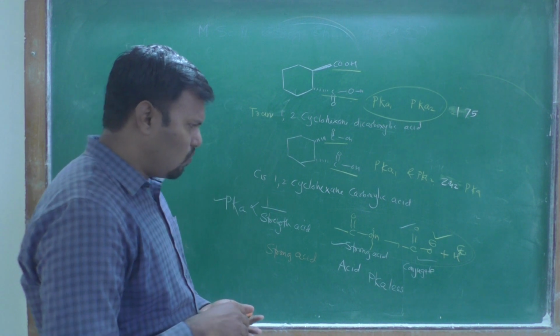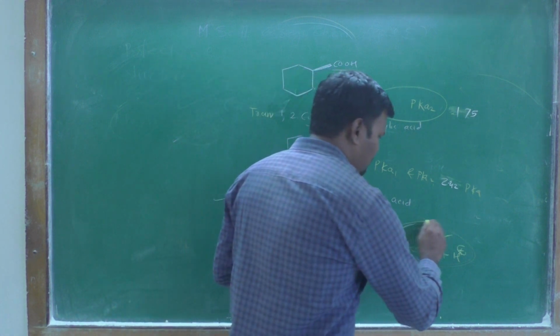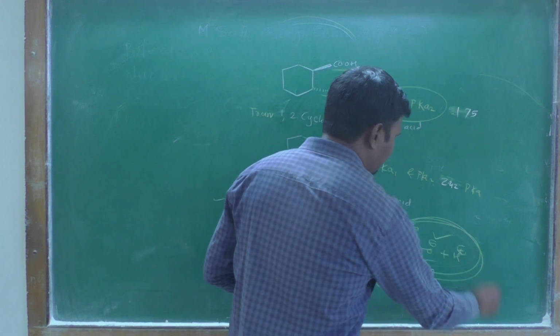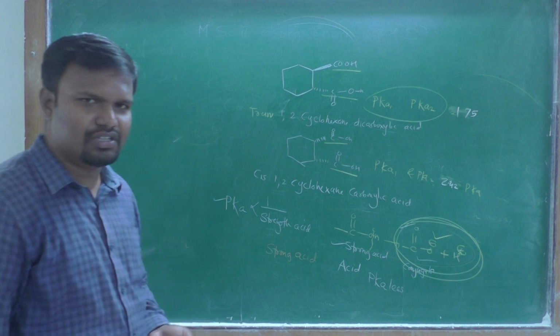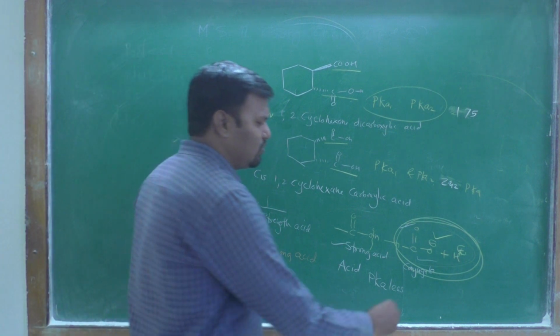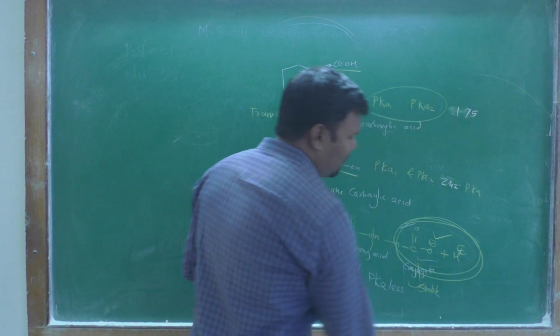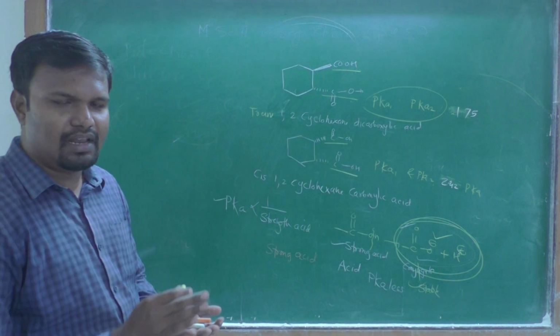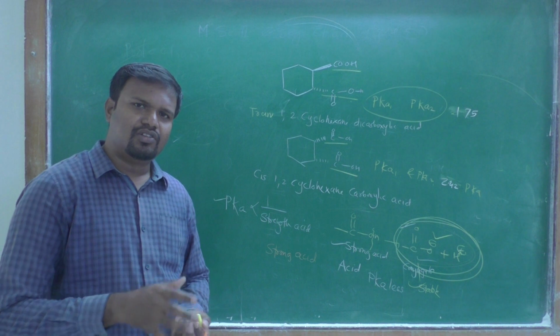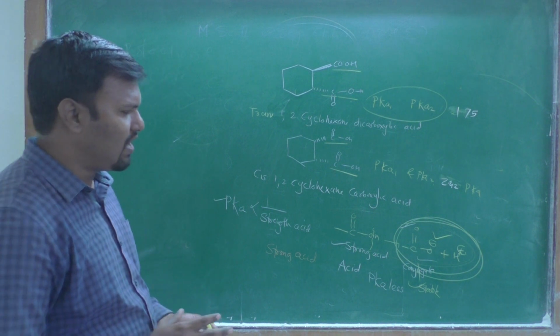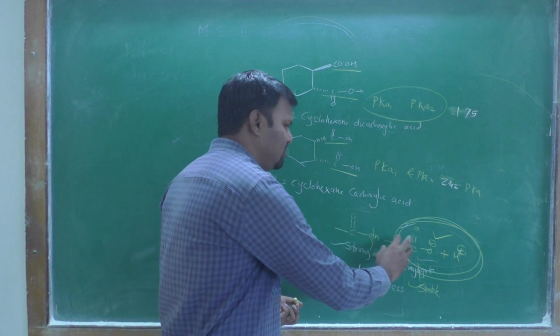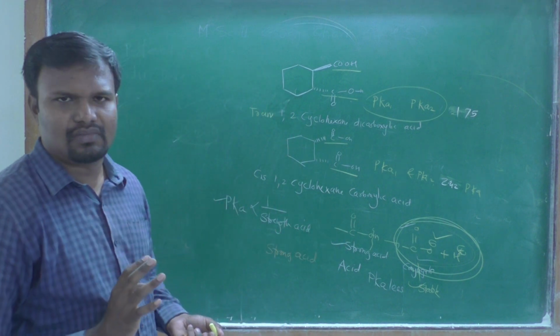Now, why does it dissociate easily? The question is why dissociation happens easily: when your conjugate base is stable. Remember that. If your conjugate base is stable, then dissociation of the acid can easily happen.